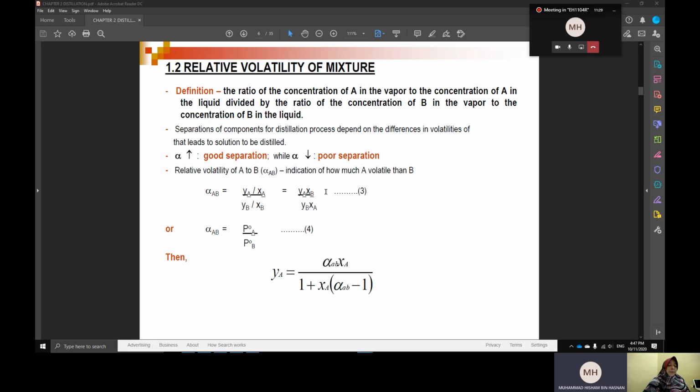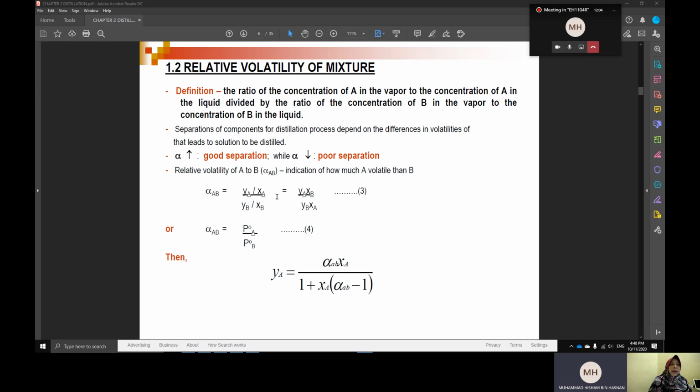Because we have alternatives. You have so many choices. You can use a gas separation process. You can use maybe a liquid extraction process. And this one is the distillation process. So which one is good? You need to analyze your mixture before you can separate component A and component B. The objective here is that you have a mixture of A and B, and we want pure A and pure B towards the end of the process.